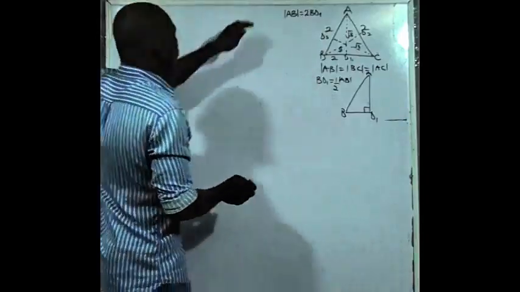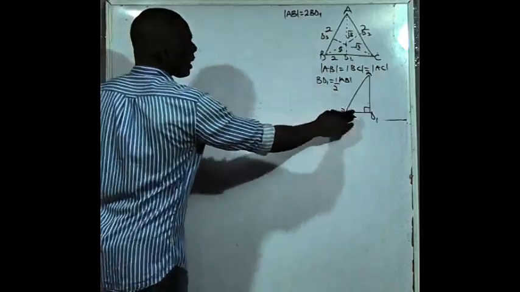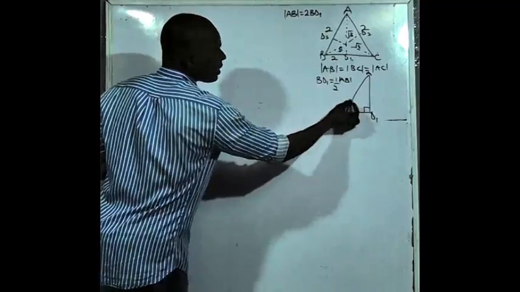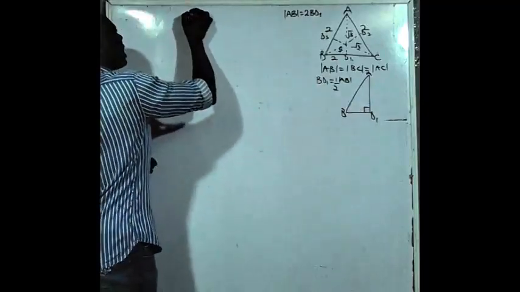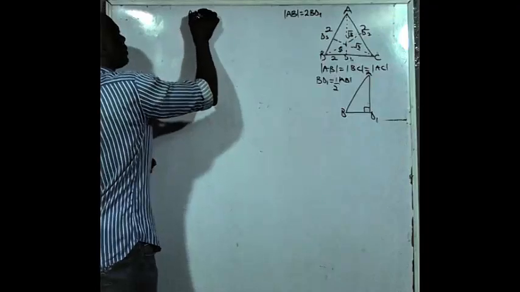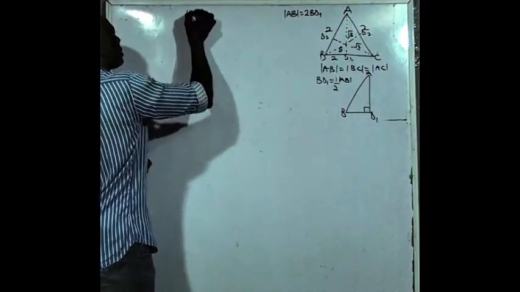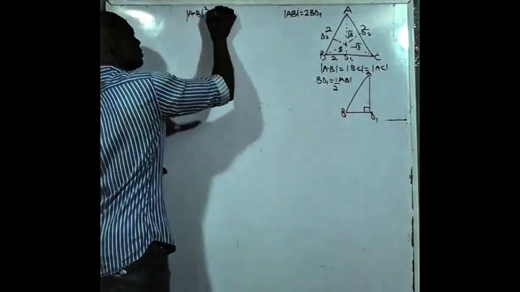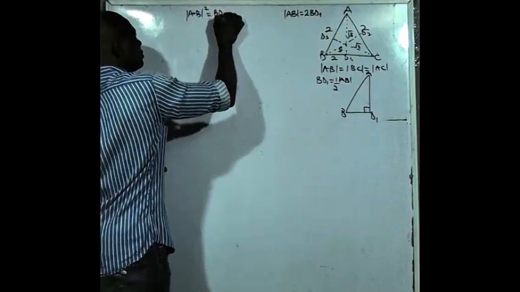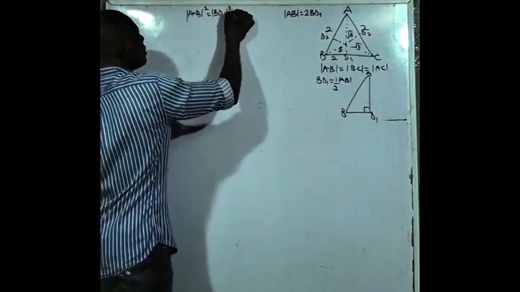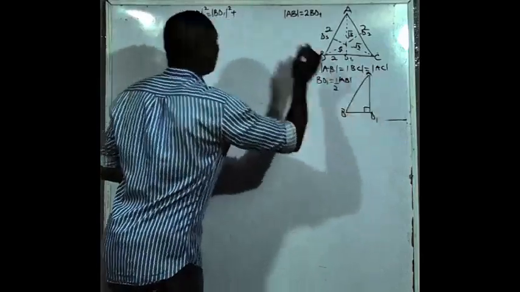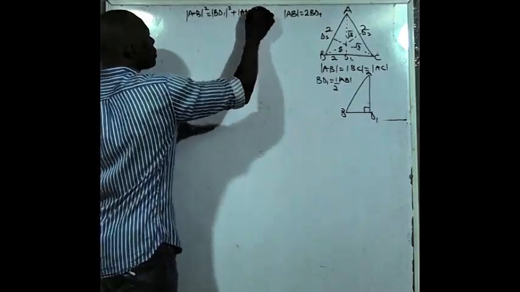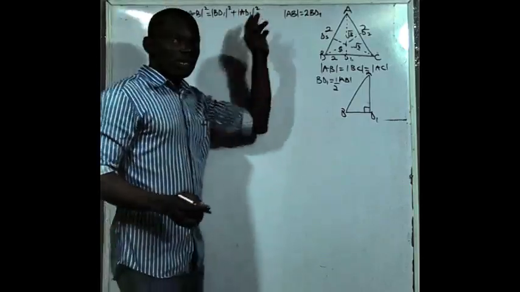Looking at this triangle, since this is the hypotenuse, the side facing the right angle, we say that the line AB square is equal to the line BD1 square plus the line AD1 square. That is using Pythagoras theorem here.